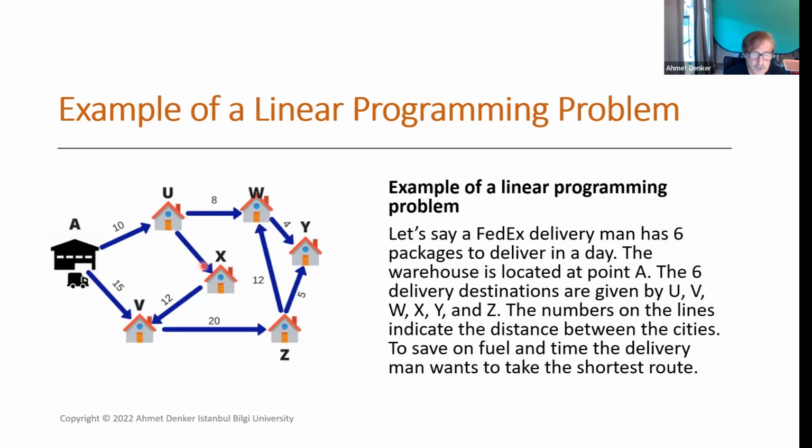To save fuel and time, the delivery man wants to take the shortest route. Which way should he go so that the total distance the delivery man travels is minimum? This is a linear programming problem, for instance.